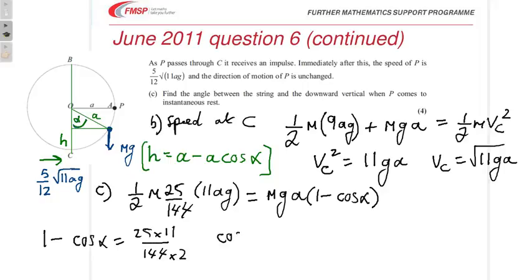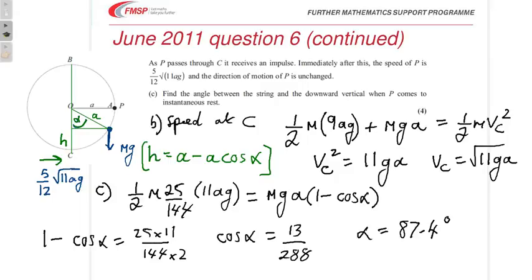So cos alpha is 13 over 288, giving alpha equals 87.4 degrees. Just check part C: find the angle between the string and the downward vertical. That's what they want. Good. It's a bit squashed in there, I hope that's okay.